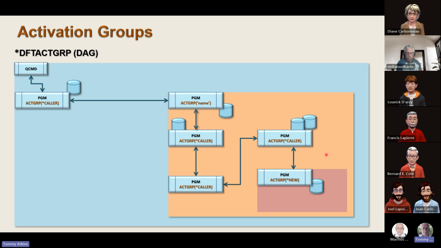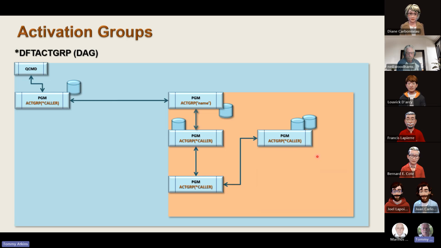I would just use caution about how deep you go, because it could be a pretty hairy business. If that program ends, of course, it will recover that activation group because that was a *NEW, which means it was a system activation group.